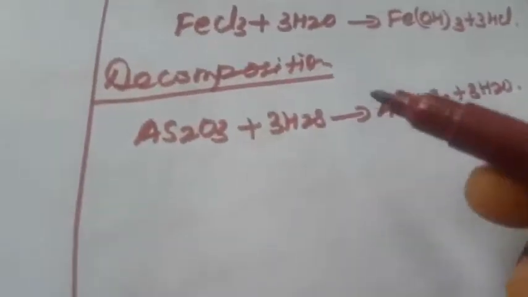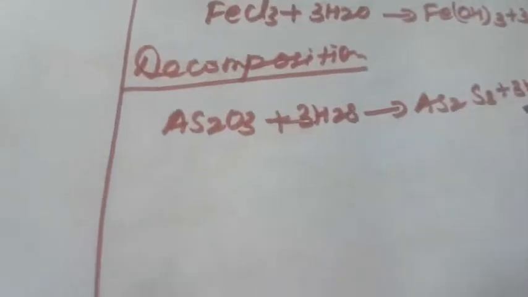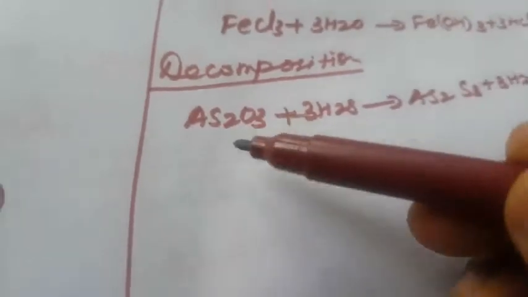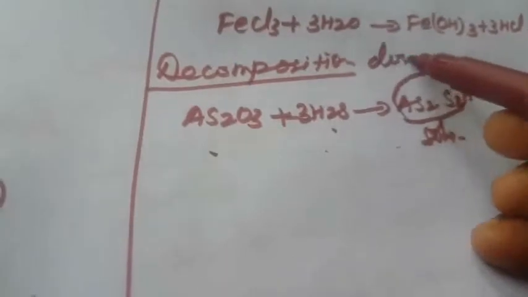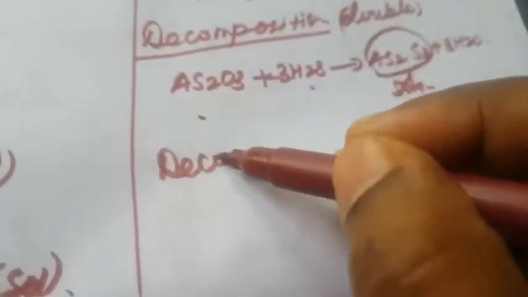When hydrogen sulfide gas is passed through the solution of arsenic oxide, arsenic sulfide is formed, which is the colloidal solution. This is called double decomposition. Next one is simple decomposition.